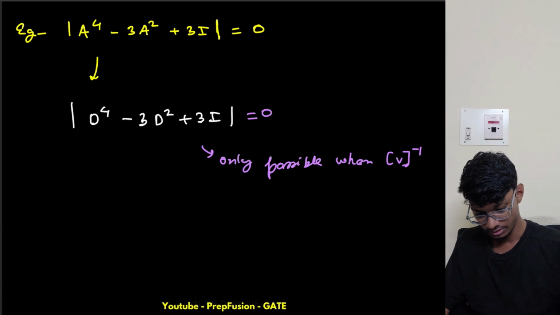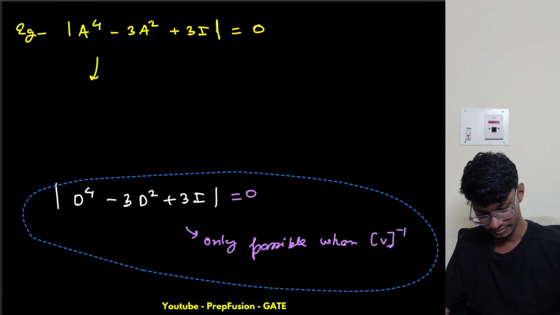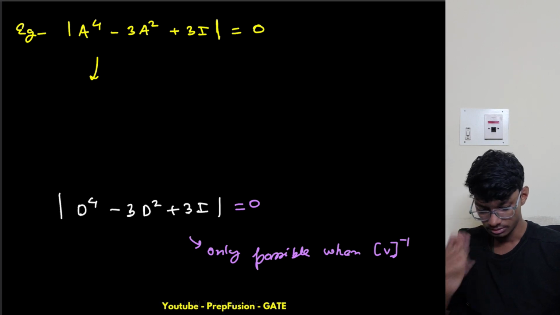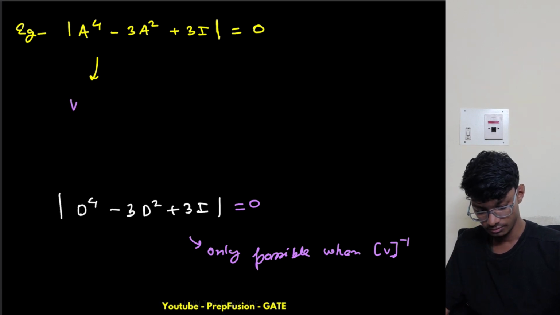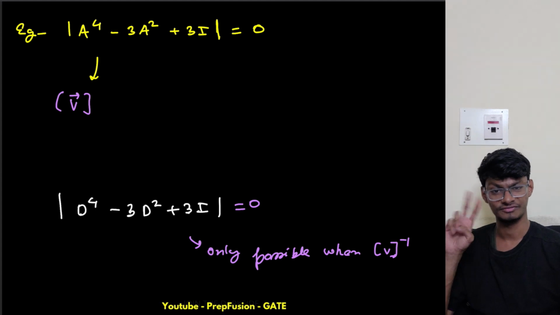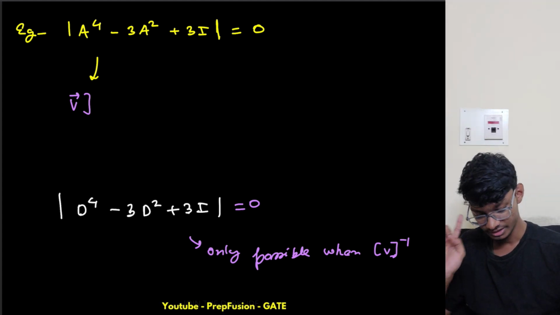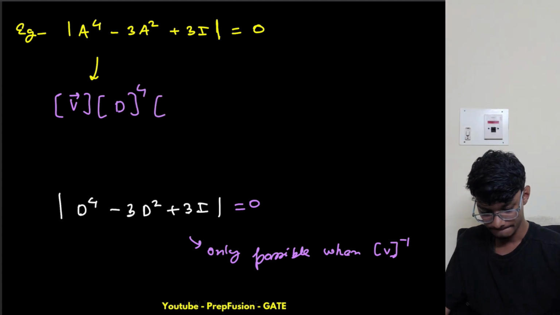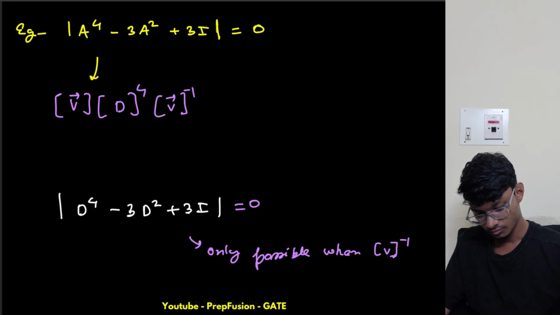So if I expand this, what will happen? This A raised to power 4 will become V, D to the power 4, V inverse. I hope you remember whether V comes first or V inverse comes first in the case of A. Now what do I have?